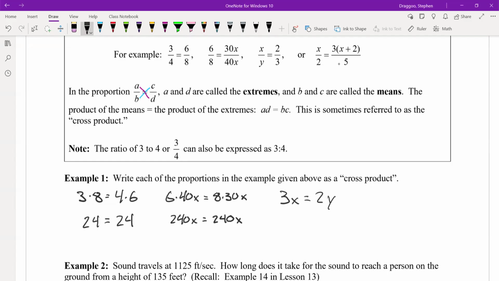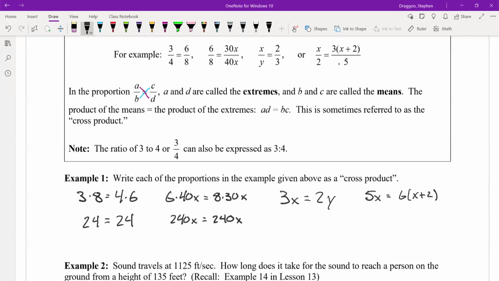One more time on that last one, if I cross multiply, 5x equals 6 times x plus 2, right? X times 5 and 2 times 3 times x plus 2. And then that could be simplified from there. But for the most part, I just want to focus on the cross multiplication idea.